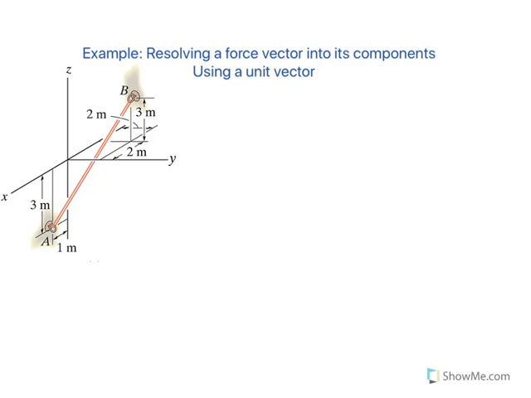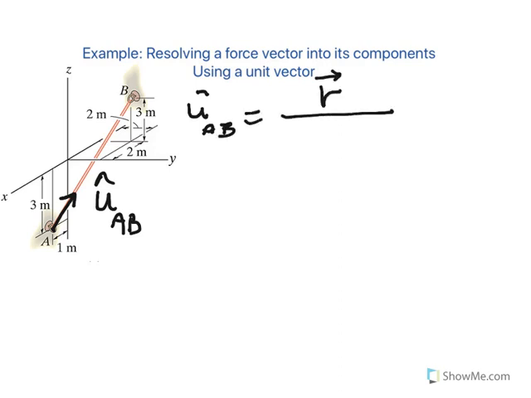So recall that the unit vector along line AB, which we call U sub AB, can be determined by taking the ratio of the position vector AB divided by the magnitude. Remember, the magnitude is shown as absolute value.